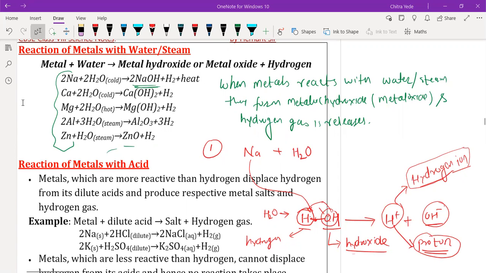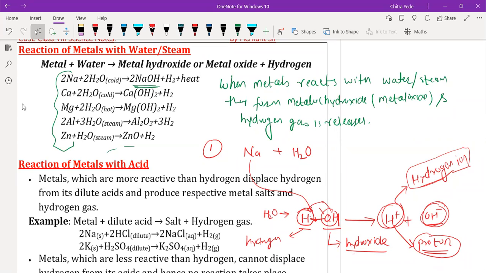So when water splits, it will form H positive ion and OH negative ion. We have discussed the definition of metal. What is the definition of metal? Metal has the tendency to lose electrons.